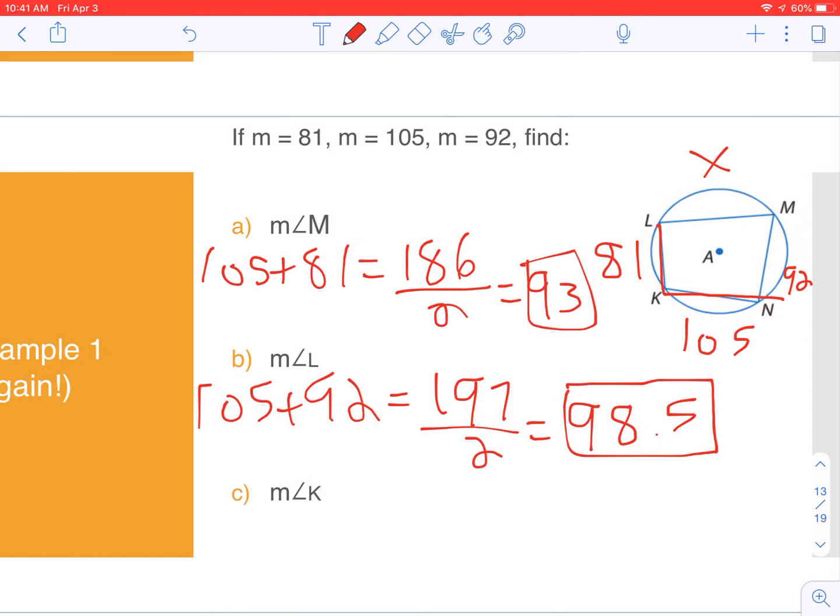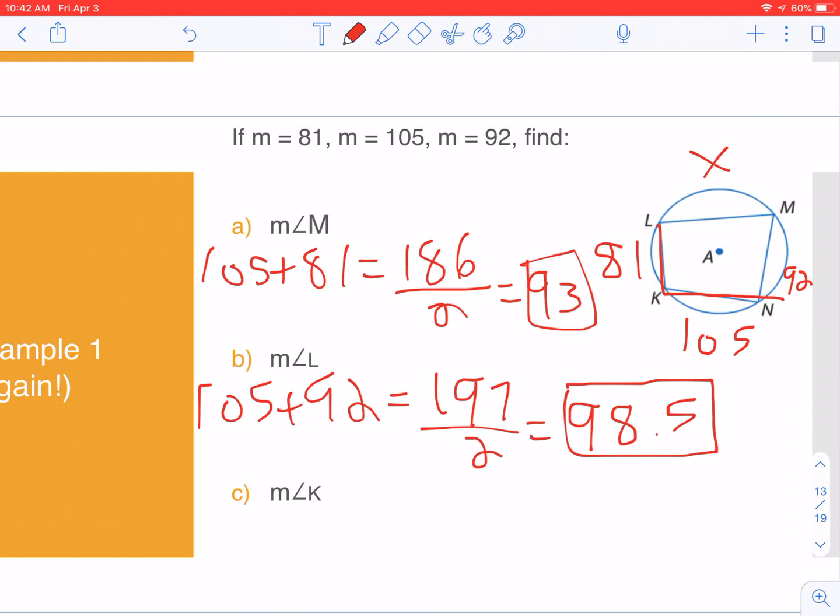They add up to 360. Okay, that's one way you can do it. The other way is you can find all the angles. So we already know 93. We already know 98.5. You could do it that way too. But this is going to be the easiest way.